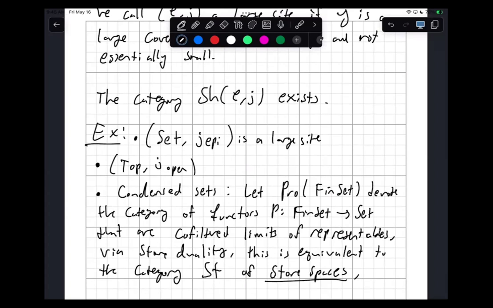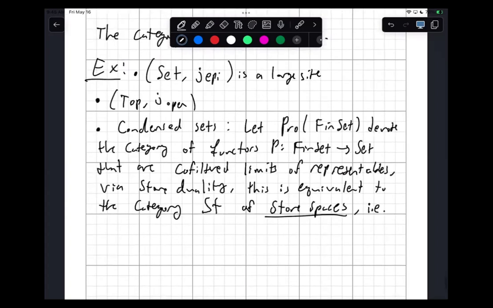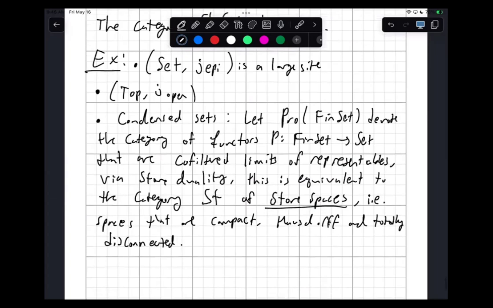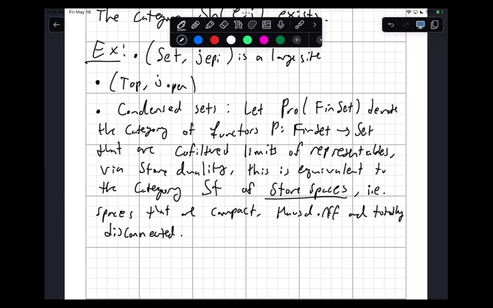These are spaces that are compact, Hausdorff, and totally disconnected. Now, the category ST is essentially large.